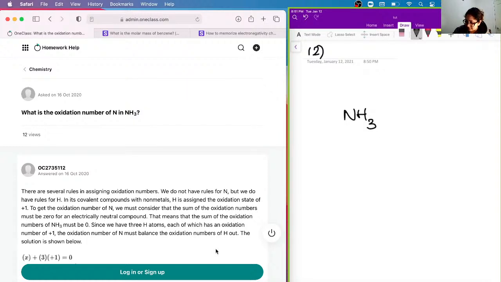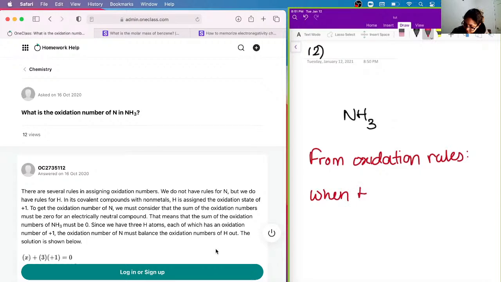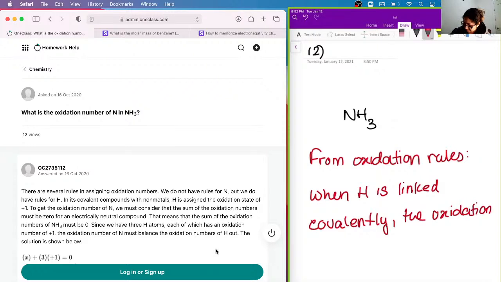And so in this case, from oxidation rules, when hydrogen is linked covalently, the oxidation state is +1.